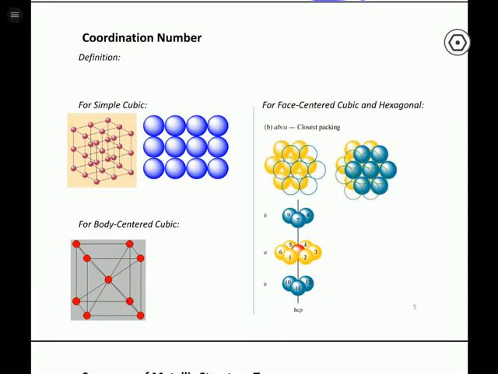Okay, so we have a lot of parameters for these different structures, and this one is defined as the number of nearest neighbors.